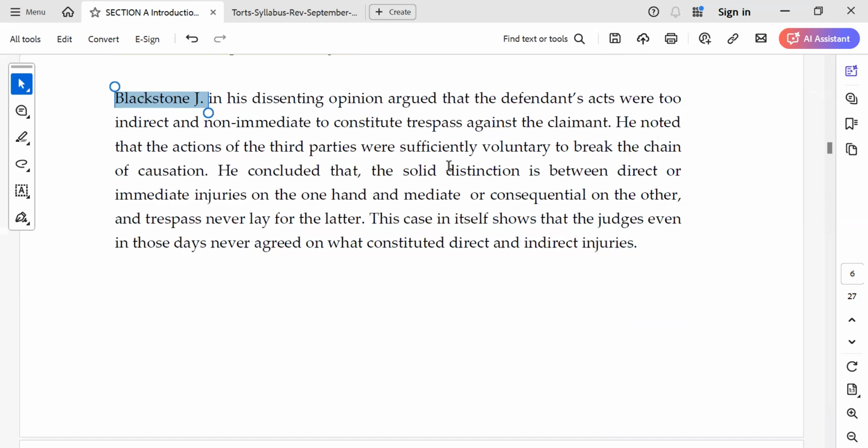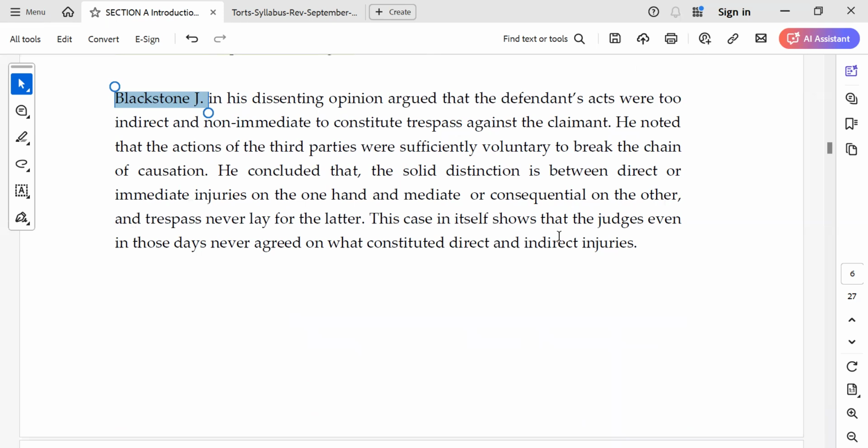The causation concept we understand in criminal law as well, that is, what are the interferences happening on the cause of the action. Cause of action means why it happened, how it happened, the reason behind it. He concluded that there is a solid distinction between the direct and immediate injuries on the one hand and the consequential on the other, and that trespass never lay on the latter.